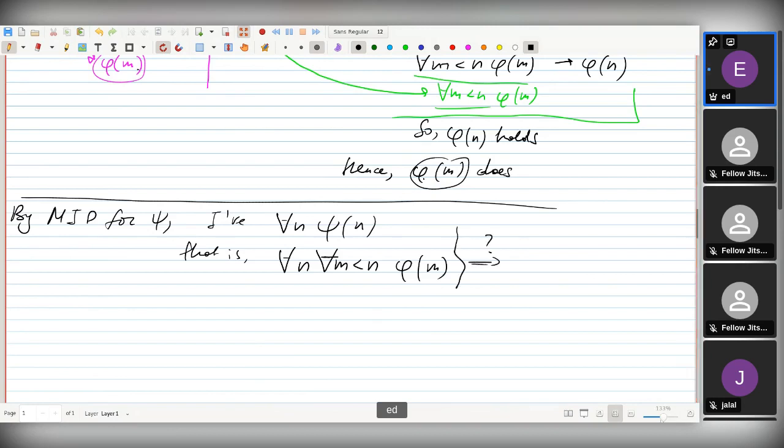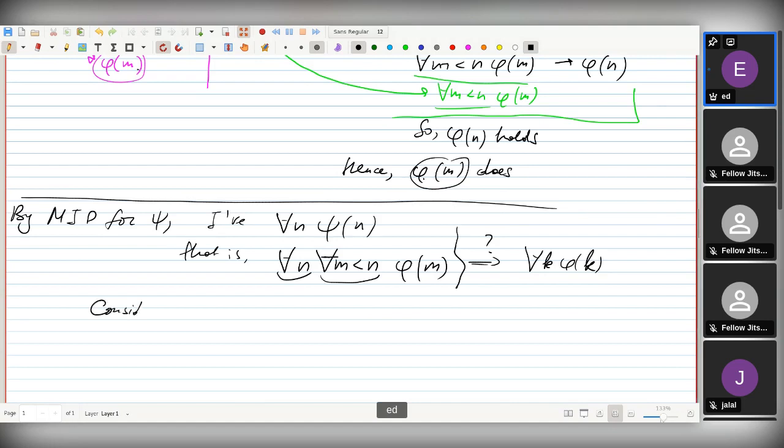The only remaining question is whether it is enough to say that phi holds for every number. Let's rename it to k. Why phi holds everywhere? Given for every n, for every number less than n, phi of m holds. Okay.